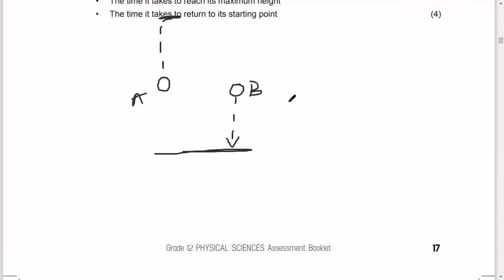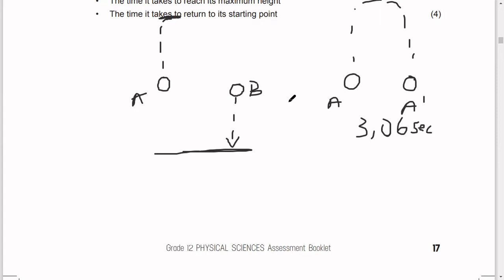We do know that from A to A prime in the previous question, it took 3.06 seconds. Therefore, 3.06 divided by 2 is 1.53.